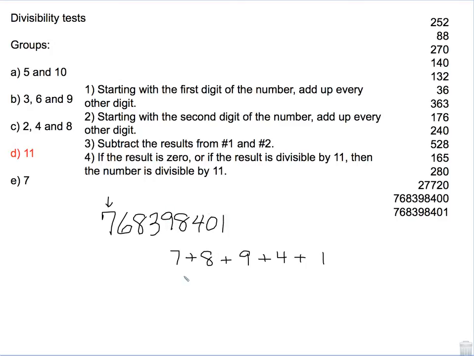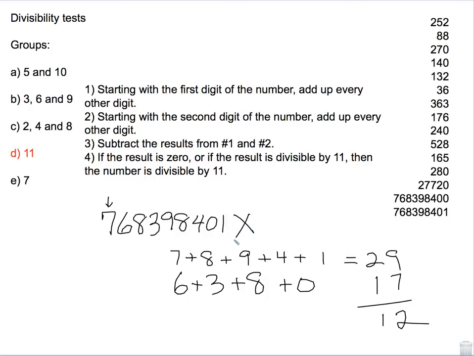And then we're going to add 6 plus 3 plus 8 plus 0. 13 and 15 is 28. This is 29. And this is 14 and 3 is 17. 17 from 29 is 12. So this is not divisible by 11.